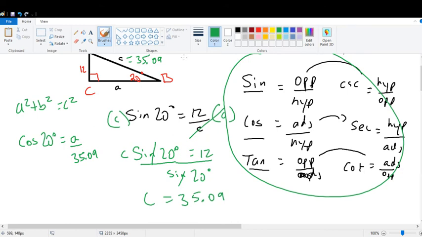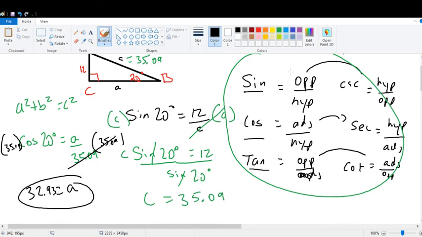So to get a by itself, simply multiply both sides by 35.09. You get a equals 35.09 times cosine of 20, and you get about 32.93.